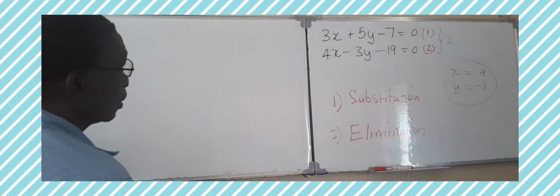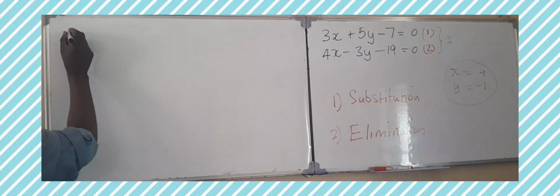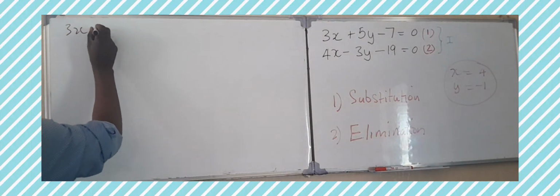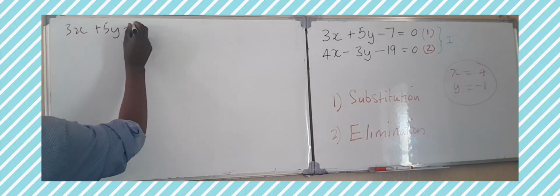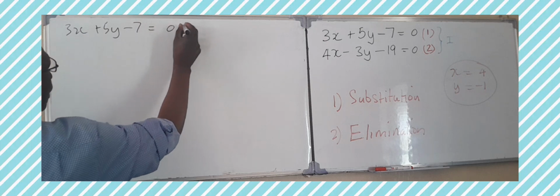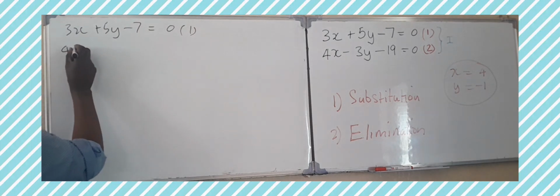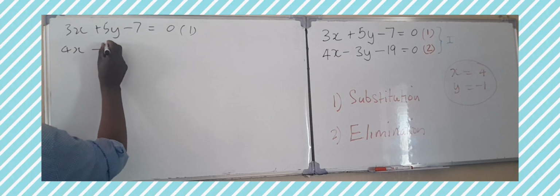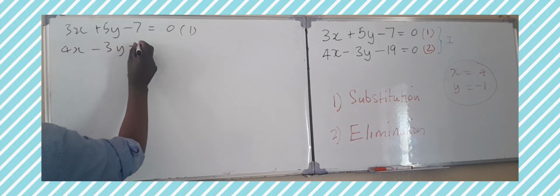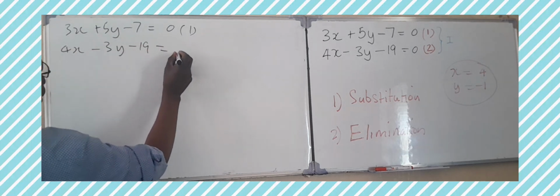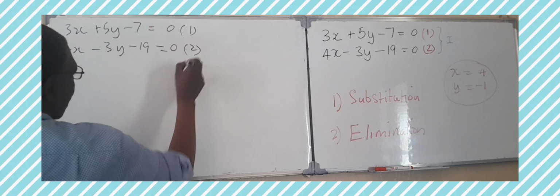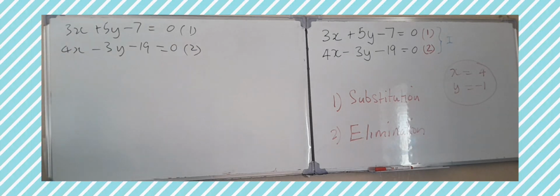So let's rewrite our equations here. 3x plus 5y minus 7 is equal to 0, equation number 1. The other one is 4x minus 3y minus 19 is equal to 0. That's equation number 2.